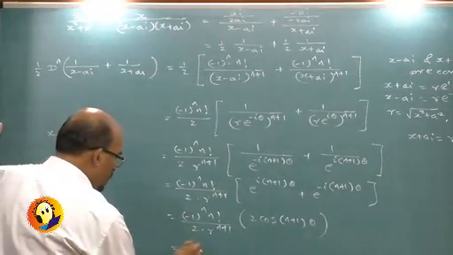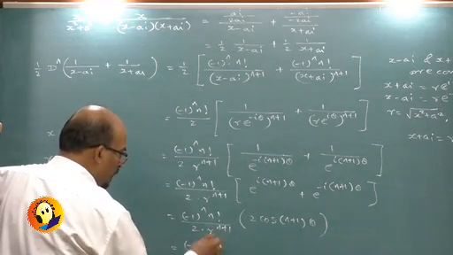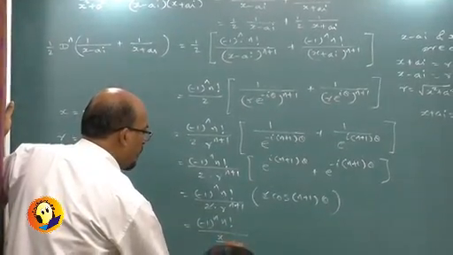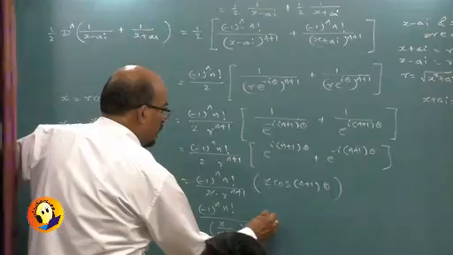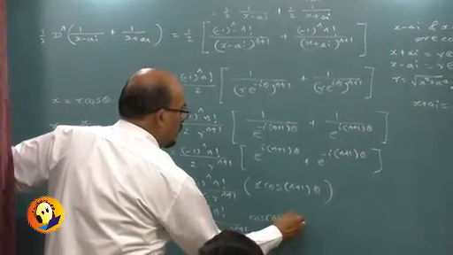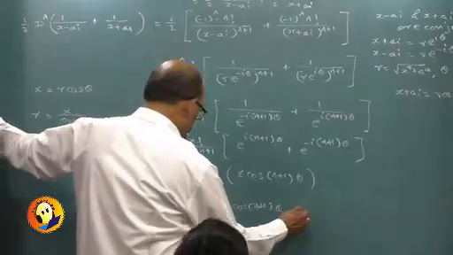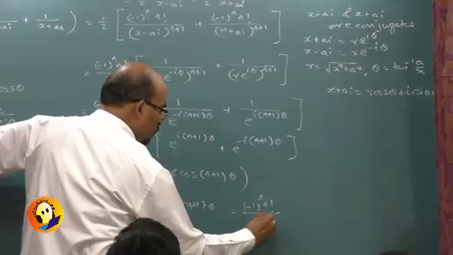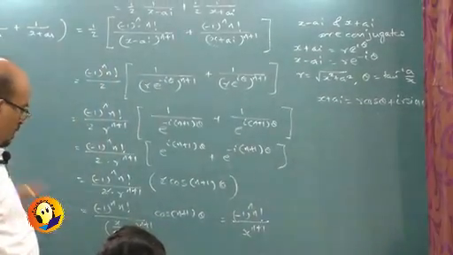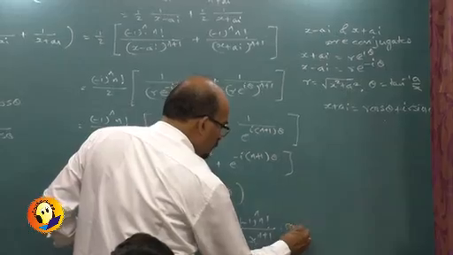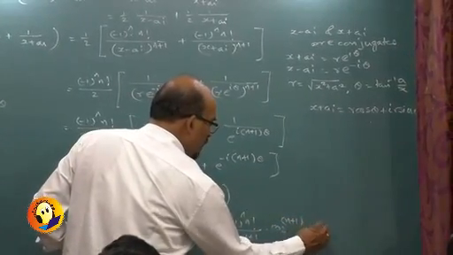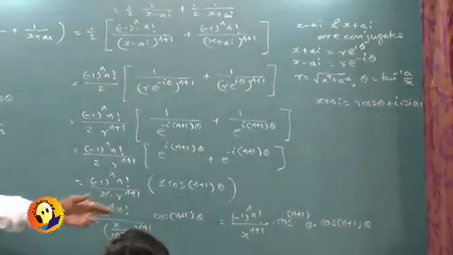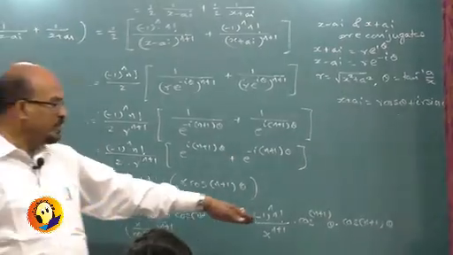So this will become minus 1 raised to n factorial, 2 has cancelled, upon x upon cos theta bracket raised to n plus 1 into cos of n plus 1 theta, which will lead to minus 1 raised to n factorial upon x raised to n plus 1, into cos raised to n plus 1 theta into cos of n plus 1 theta will be the required answer. Like in the previous case, it will come in terms of sine.